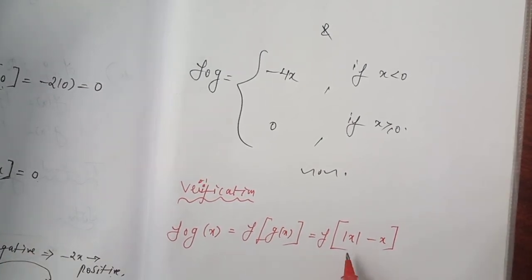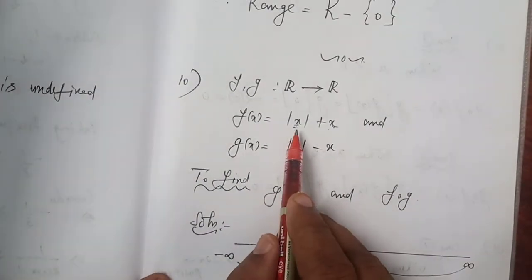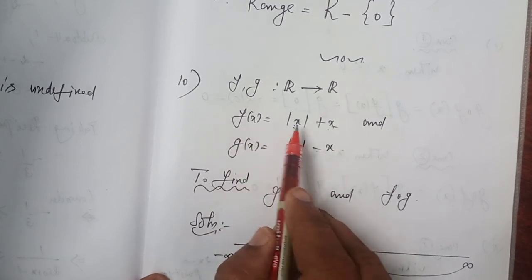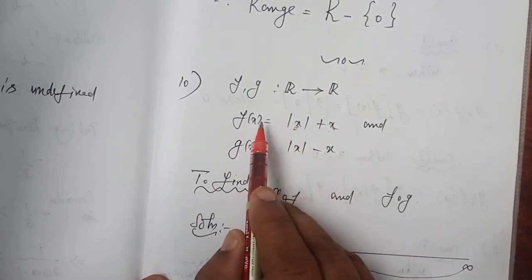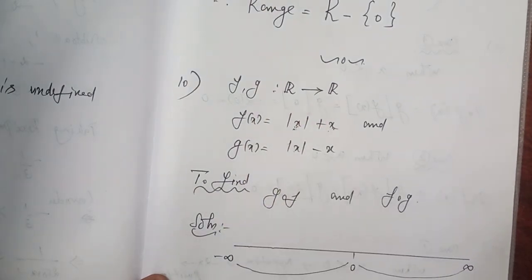Outside the bracket we have f. Go to f. So the x should be written as mod x plus x: modulus of the value inside the bracket plus the same value inside the bracket.